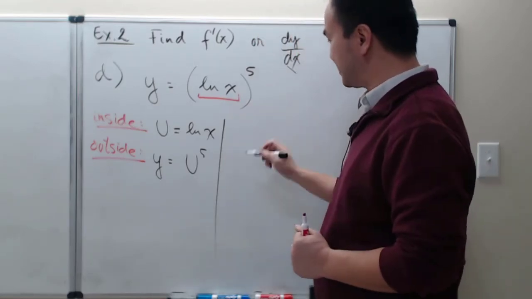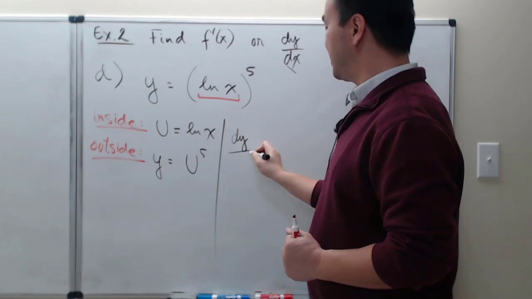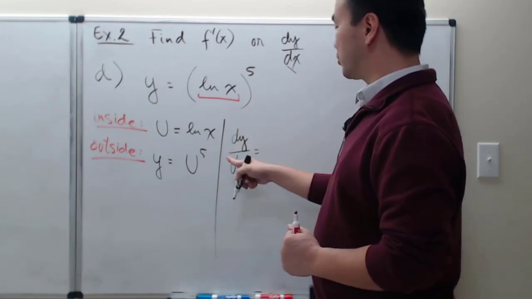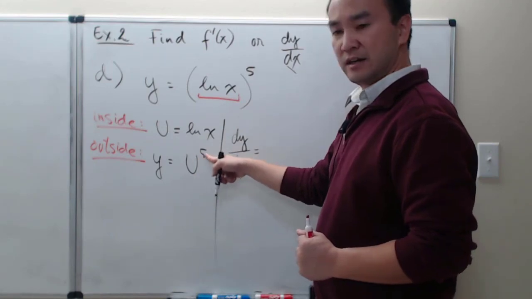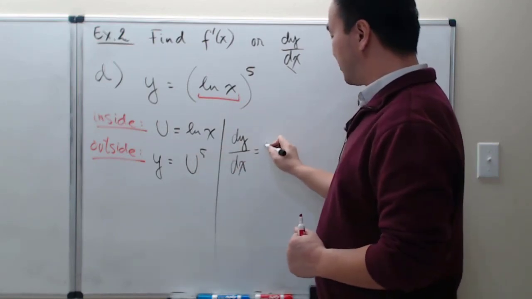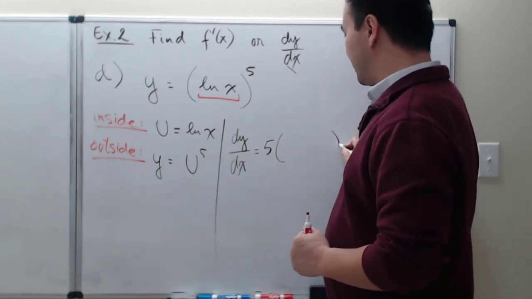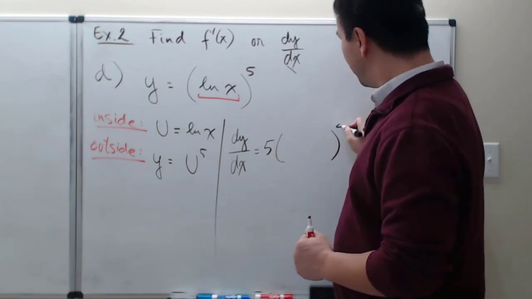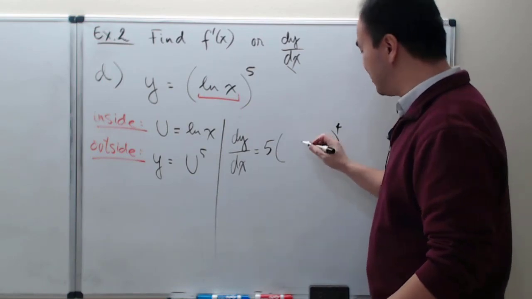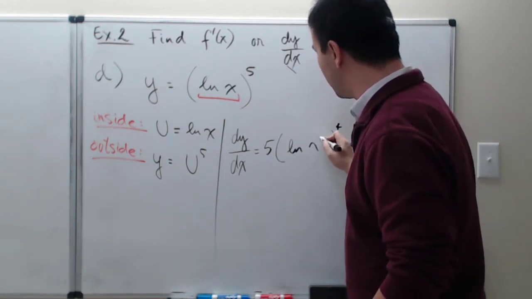The chain rule says, now finding this derivative, we have to take the derivative of the outside, and the outside here can simply be the power rule. So now I'm going to write 5 times, technically it's 5u to the 4th power, but instead of writing u, I'm going to write the actual expression of u right there.